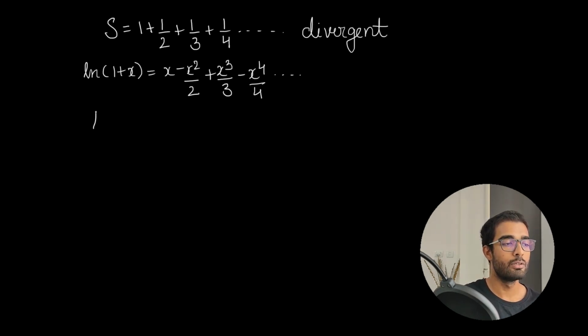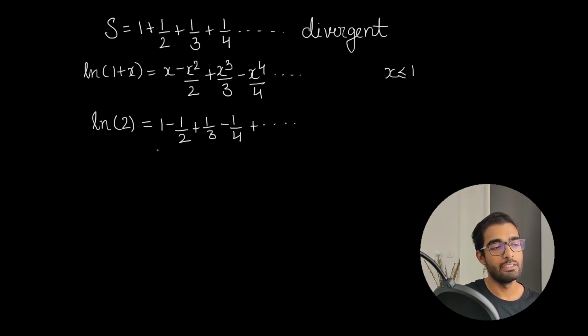Now, if we put x equal to 1, which is absolutely in the domain, since the domain is x less than or equal to 1, what we get is 1 minus 1 by 2 plus 1 by 3 minus 1 by 4.